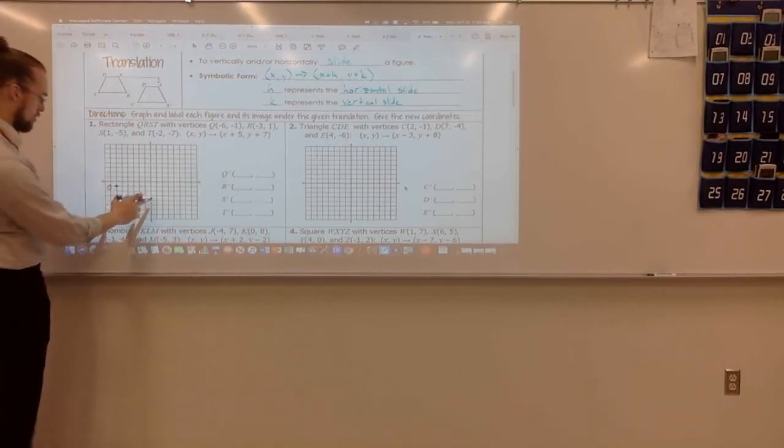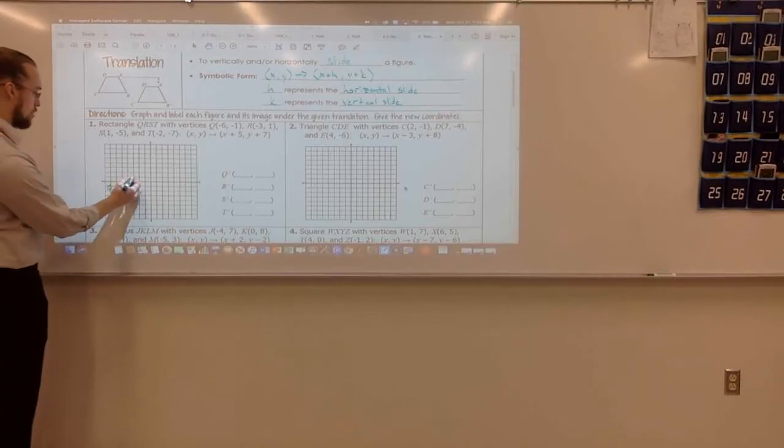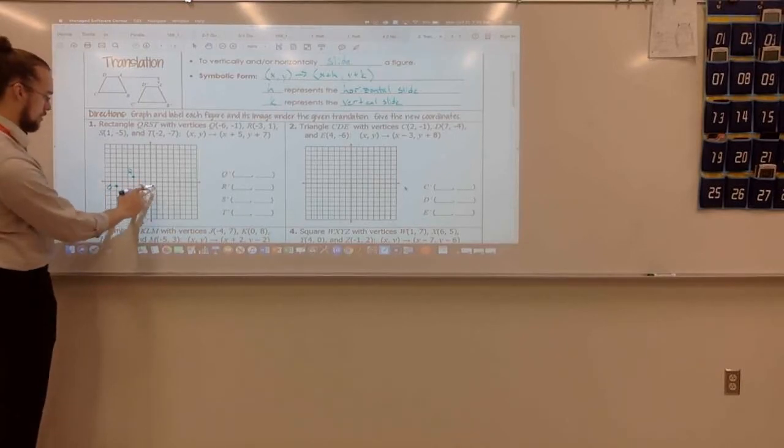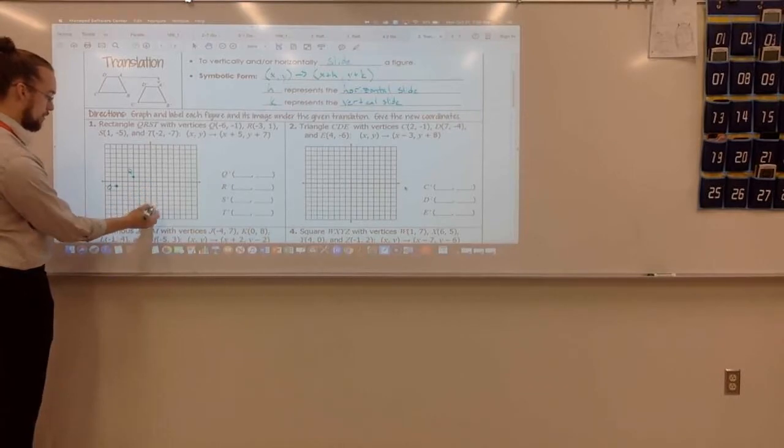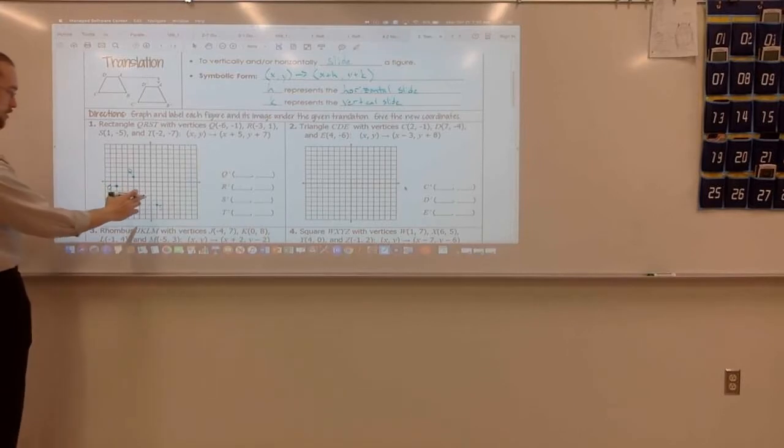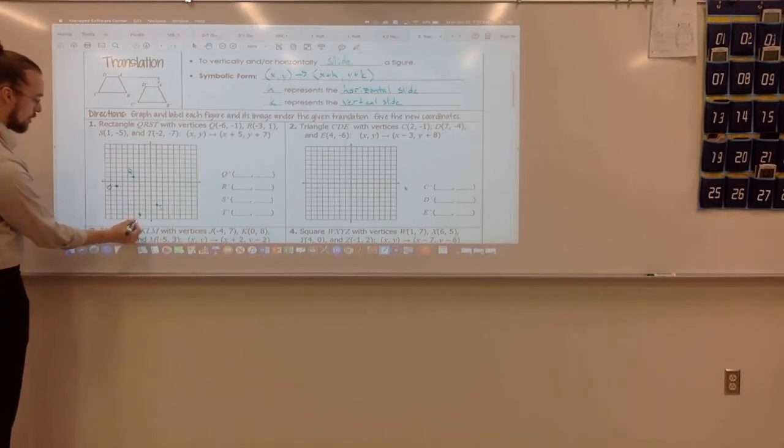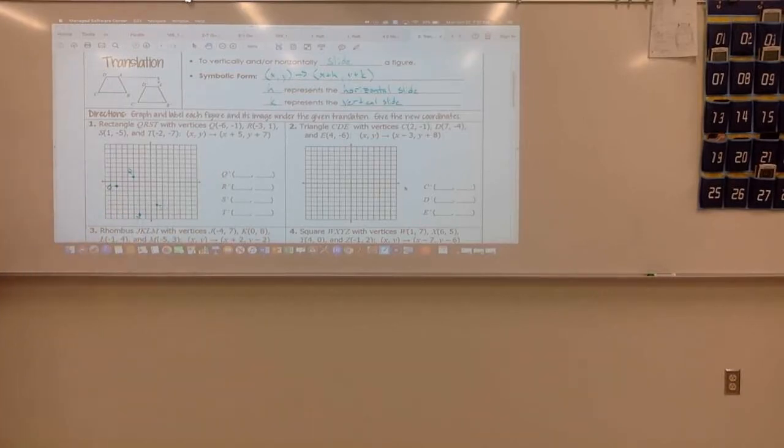R is here. S. Here's my original rectangle.